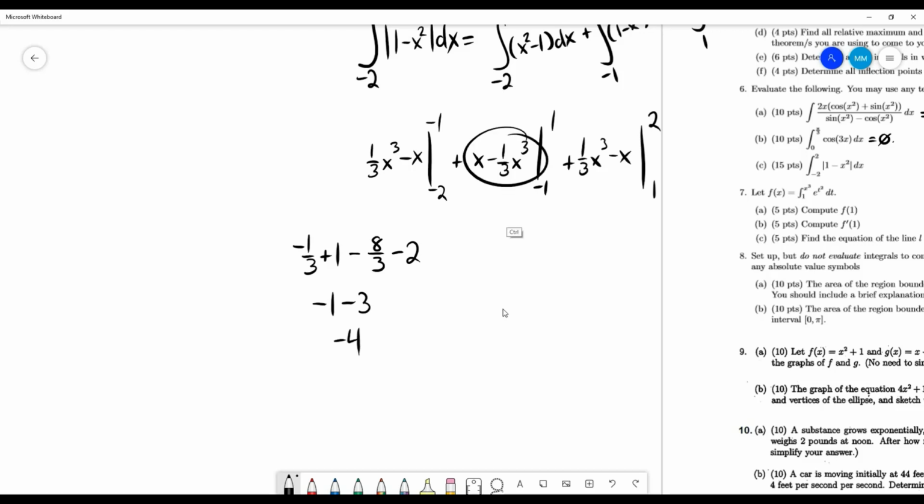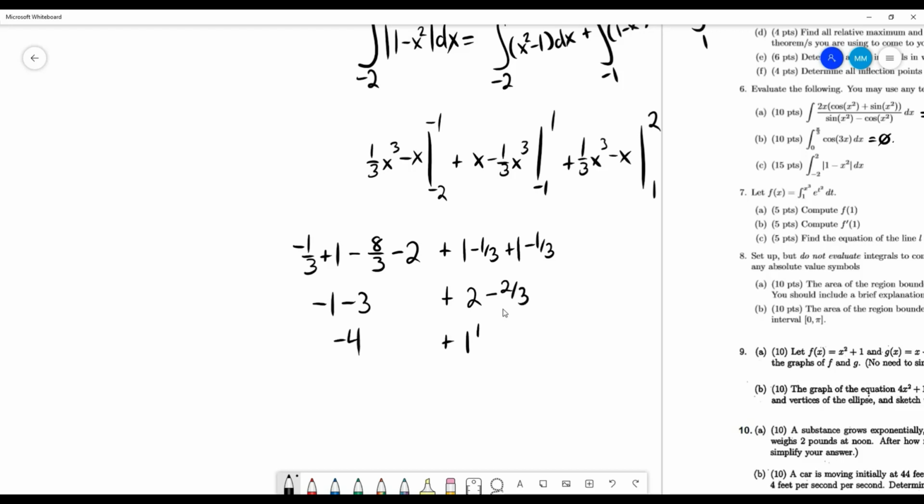Okay. Doing this next one, that's going to be a 1 minus a 1/3. I should write those a little closer together. 1 minus 1/3, and then minus negative 1, so it's plus another 1, because minus a negative. And then minus negative, so it's plus negative 1/3. Really hope I didn't just mess that up. But that looks something like that.